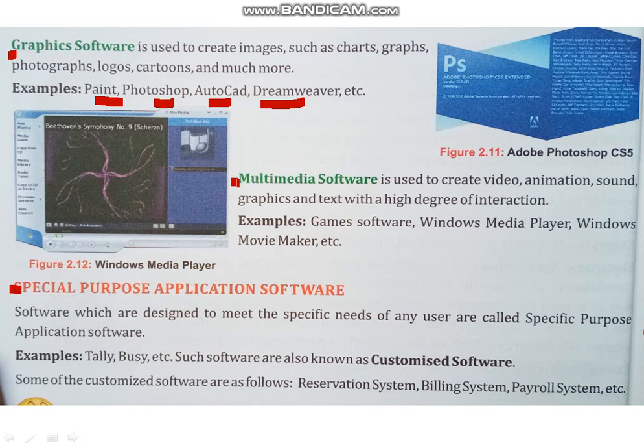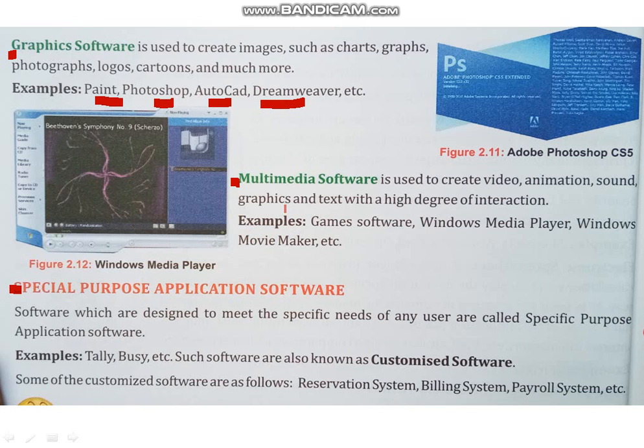Another general purpose application software is multimedia software. It is used to create video, animation, sound, graphics and text with a high degree of interaction. Nowadays, as you know, we all use HD videos, HD audios, HD images.